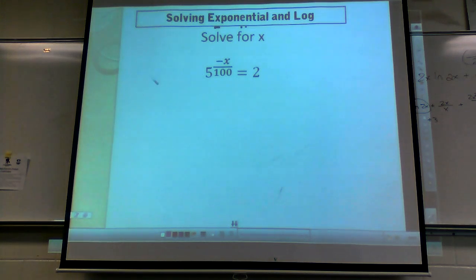There's nothing multiplied by it on the outside, nothing added to it, so I don't have to move it. Since it's all by itself, go ahead and take the log of 5 to the negative x over 100. Once you're there, the negative x over 100 drops to the front.